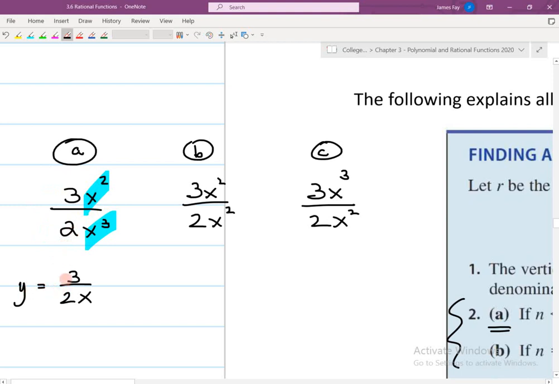So what happens to this y value as x goes to infinity? It's going to be 3 over infinity, so it's going to approach 0. This denominator is going to get huge, and a very small number divided by a very huge number gets close to 0. Does that make sense?